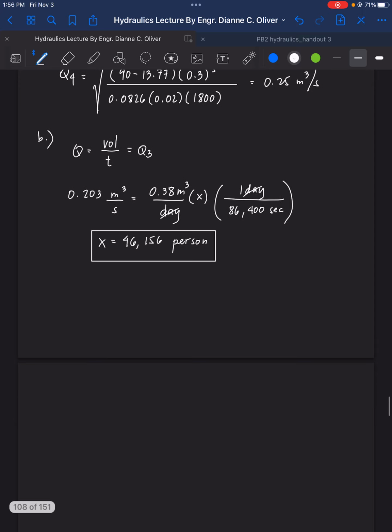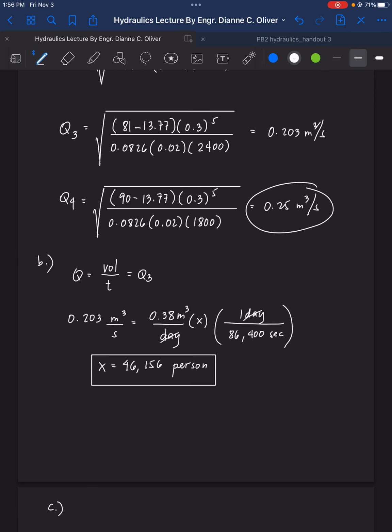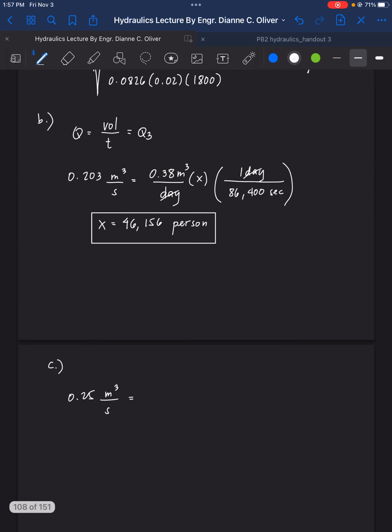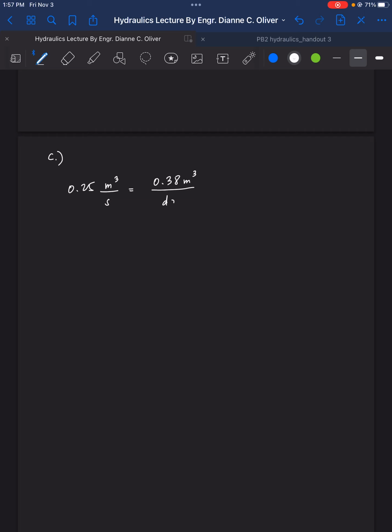So same method here for C. For C again, we have our Q of 0.25. So 0.25 cubic meter per second is equal to 0.38 cubic meter per day, number of persons X, and the conversion 1 day over 86,400 seconds.